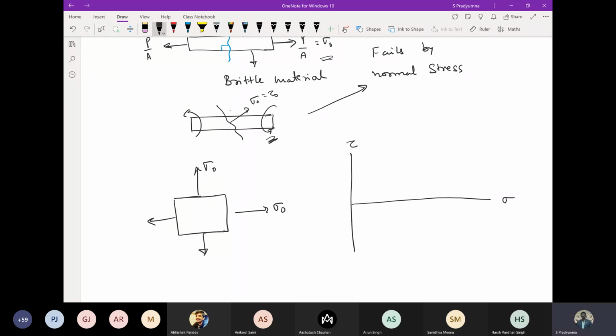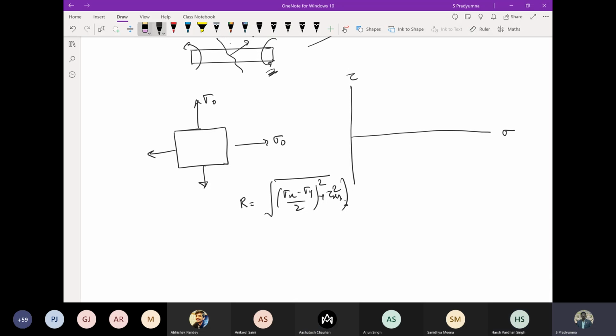How does the Mohr circle look? What is the radius? The radius is equal to the square root of sigma x minus sigma y by 2 squared plus tau xy squared. Right? This is equal to what? 0.